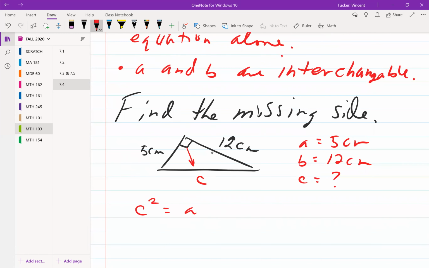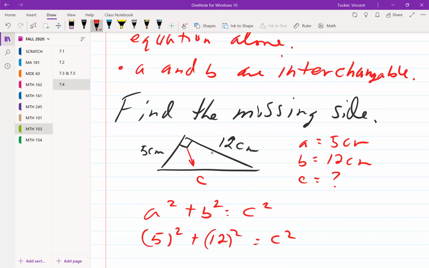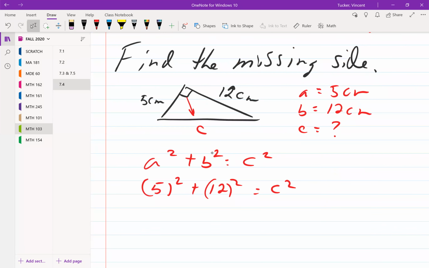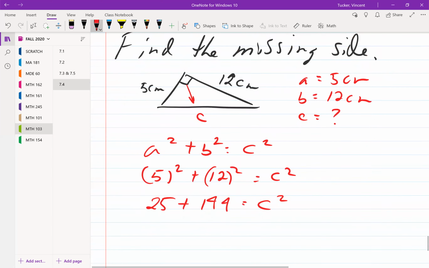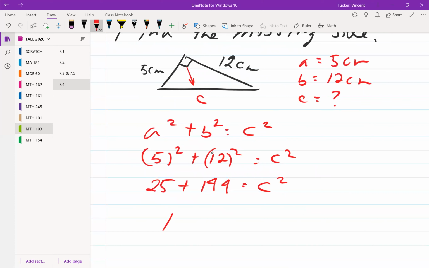C squared is equal to A squared plus B squared, but I'll just write it the other way. So that'll be 5 squared plus 12 squared equal to C squared. 25 plus 144 equal to C squared. 169 equal to C squared.